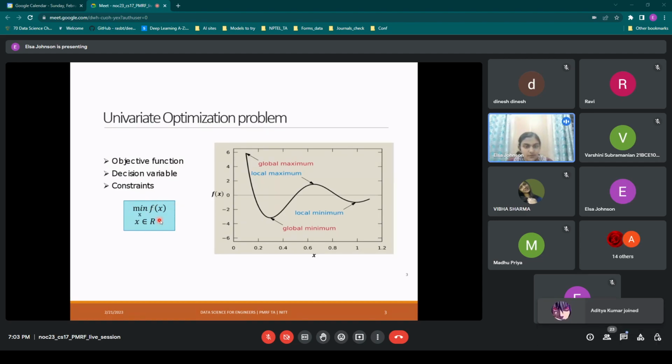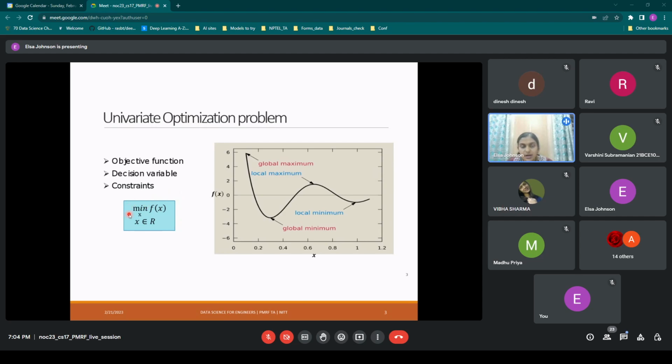So you'll have an f of x, which is the objective function. Your objective will usually be minimizing it. There can be maximization problems also in the real world, but from a machine learning perspective, it's usually minimizing. If it's machine learning or deep learning, you will have a cost function there.